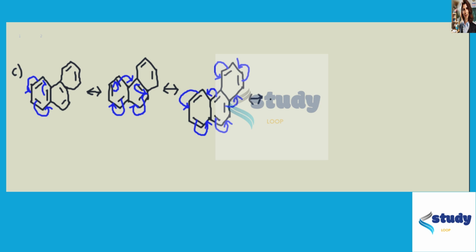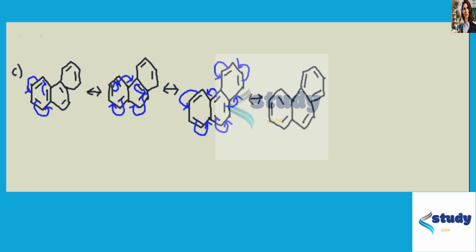It's a lot of electron movement. Okay, and so the result of all those moves is going to be these double bonds in this configuration.